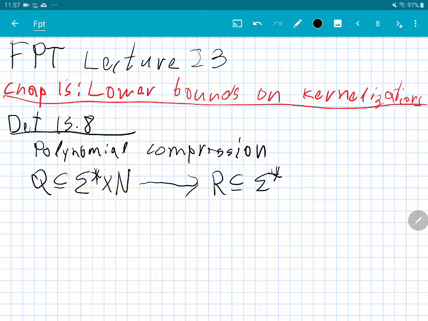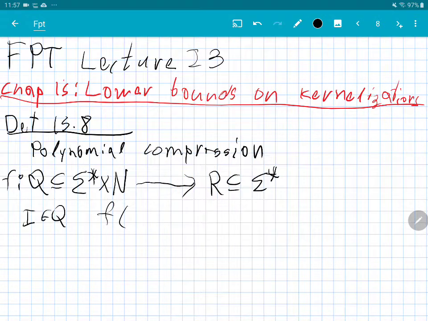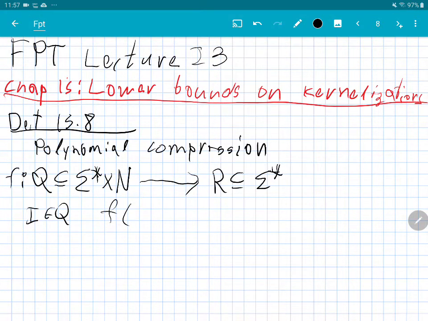And what do we want? So we take an instance I of Q, and we map it by this function f, the compression scheme. It of course has to be a polynomial time scheme, otherwise what's the point? Let me try to write it again.